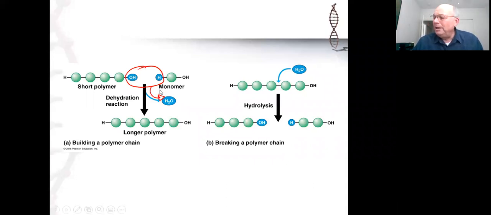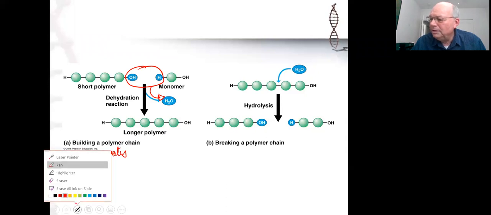And what we are doing is breaking the existing covalent bonds between the hydroxyl group and the polymer and the hydrogen and the monomer, and creating a new covalent bond that links the monomer to the polymer. Let's clean that up a little bit, I think.